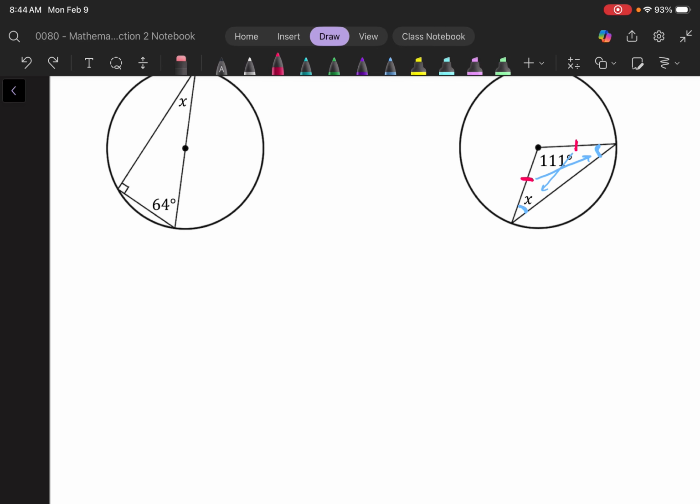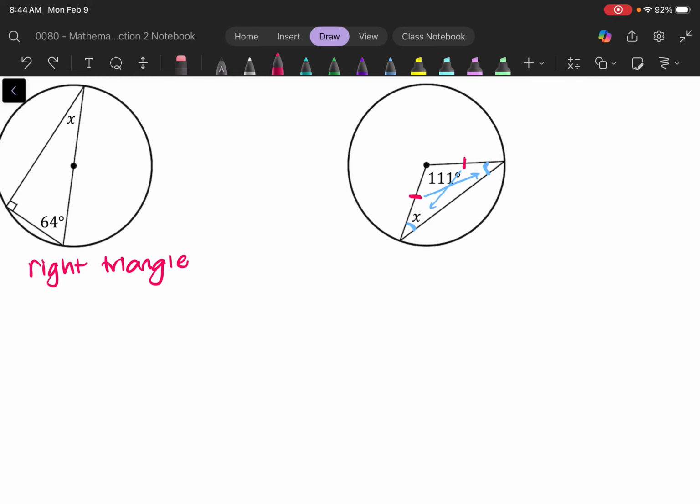Okay, welcome back. So the first guy here, we have a right triangle. You could call it a right angle triangle. As long as you call it a right triangle, I'm happy, because I got that small square in the corner there. The second one, now that we've drawn in those congruent line segment signs, I can see that this is an isosceles triangle.